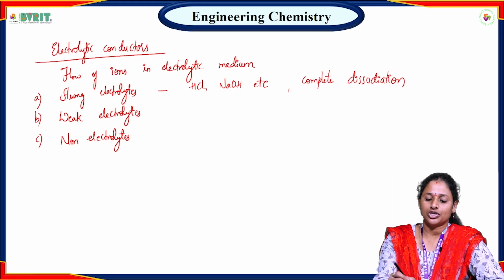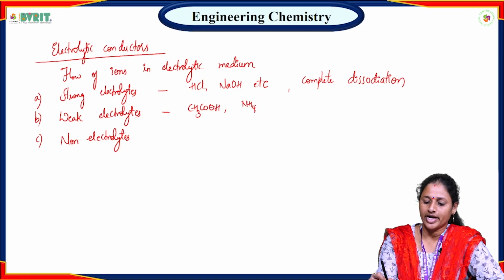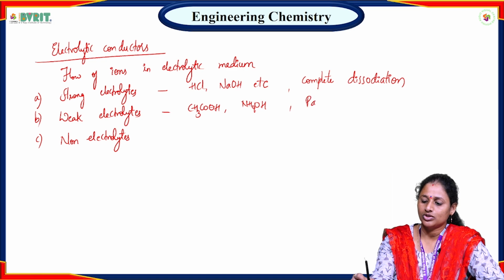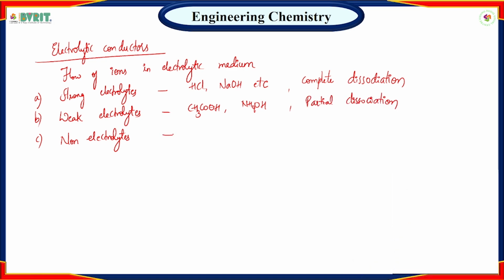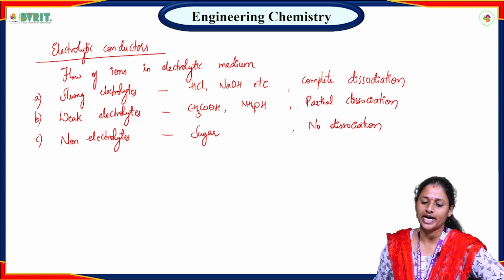Whereas in the case of the weak electrolytes, CH3COOH, NH4OH, partial dissociation takes place. In the case of non-electrolytes, sugar, no dissociation. So, electrolytic conductors allow the electric current to pass through substances due to flow of ions in an electrolytic medium.